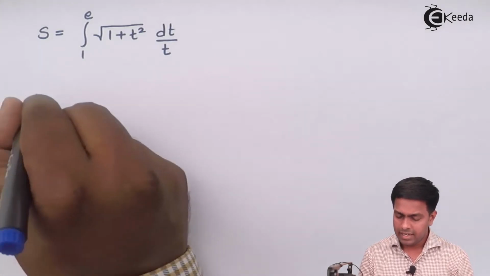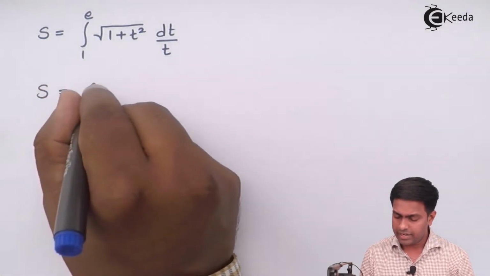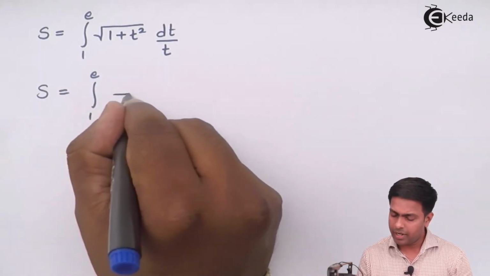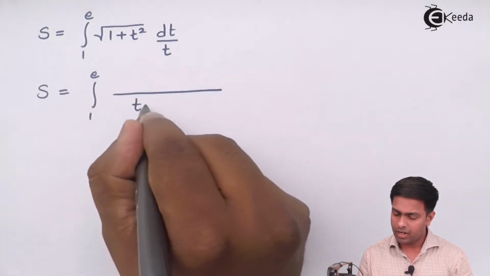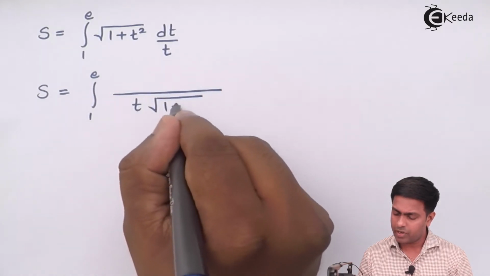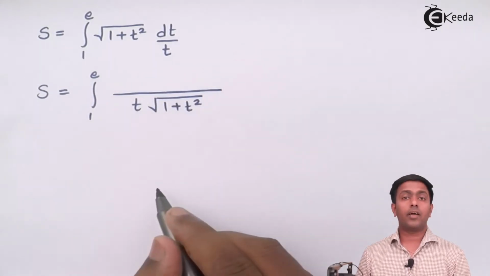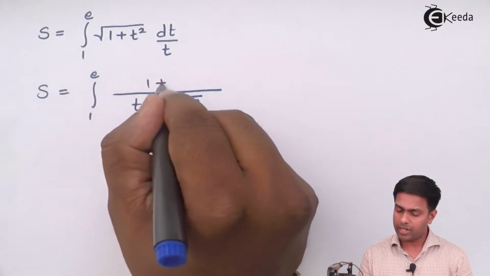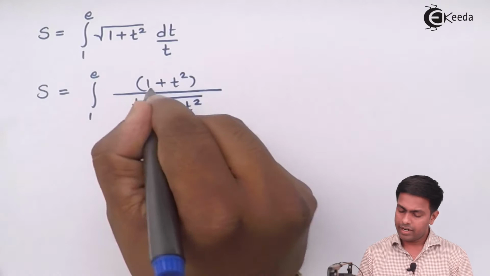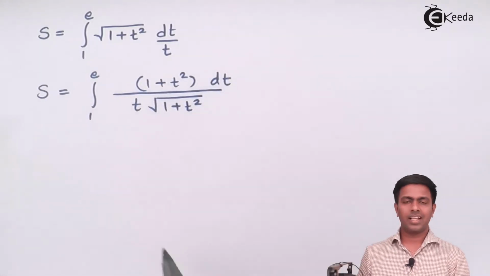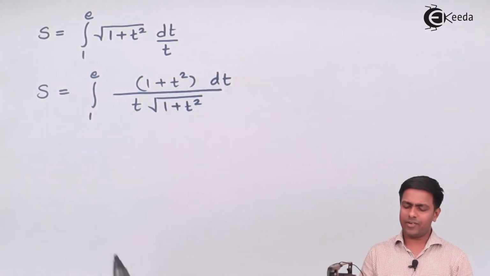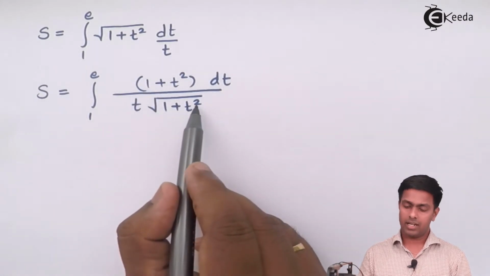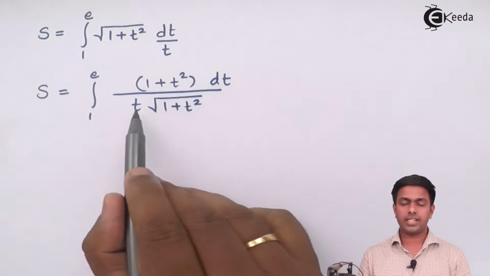So here I'll say s equal to integration 1 to e. If I multiply the denominator with under root 1 plus t square, I'll get this. And when I multiply numerator with under root 1 plus t square, we'll get only 1 plus t square into dt. Now to get the answer, I'll divide this 1 by t into root of 1 plus t square, and then I'll divide t square with the same term.